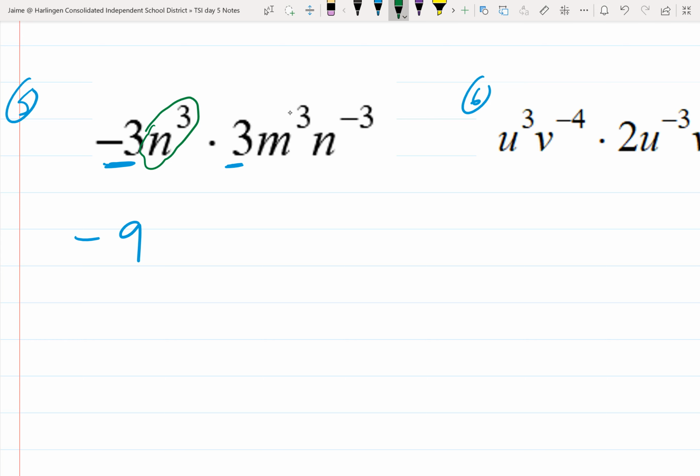Look for another n. Oh, here's another n. So you add them. 3 plus negative 3. What's 3 plus negative 3? That's 0. So then I don't have to write n anymore because I'm going to have n to the 0, and n to the 0 is just 1. So the n's go away. I'm still left with my m, so just bring it with you. M to the 3.